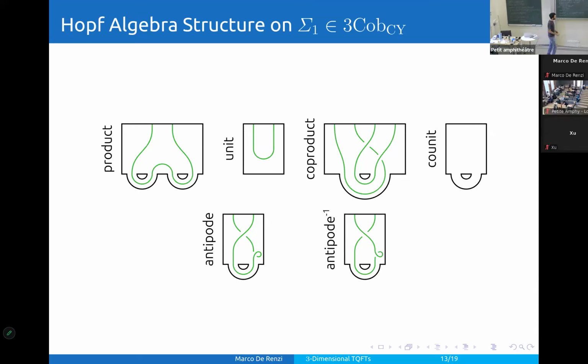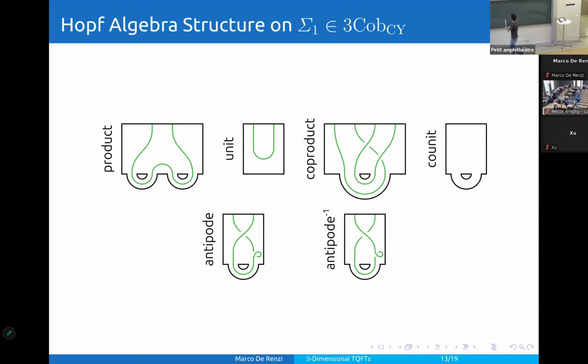And again, there are many examples of ribbon categories. Of course, there exist semi-simple ribbon categories.